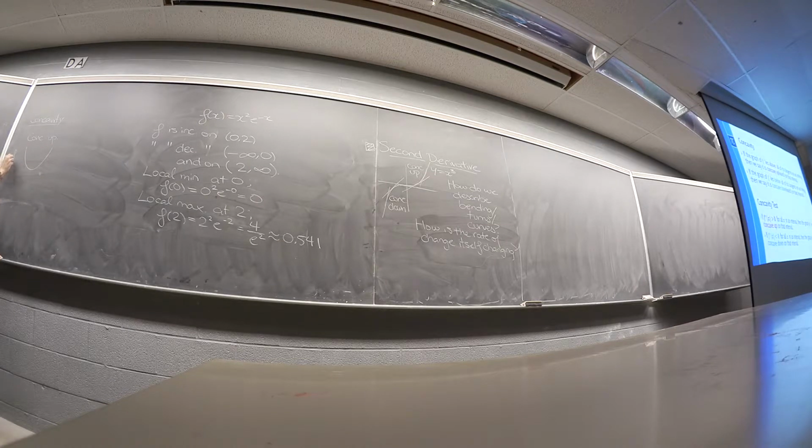So this guy's concave up. Here's your function. Now let's see what's going on here. Let's draw some tangents. Let's pretend that touches. What's happening? As we go that way, the slope of the tangents is increasing.